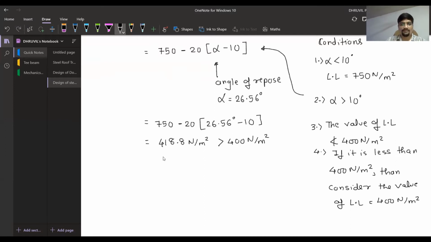Here we have got 418.8, so it is greater and it is okay. Then we will consider the 418.8 Newton per meter square itself.